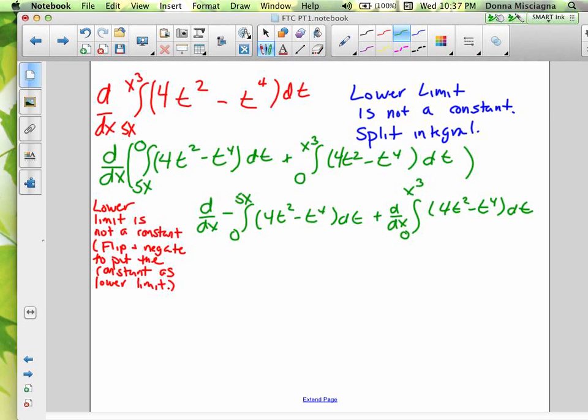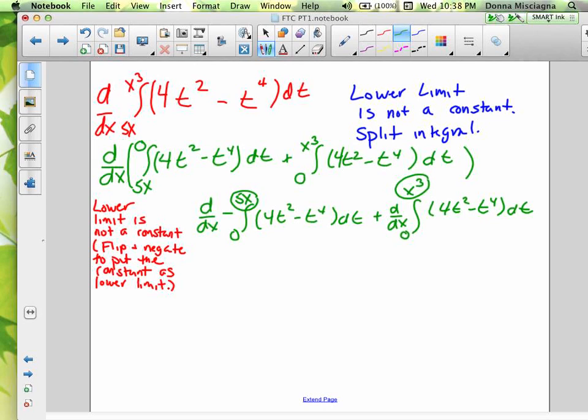So we can substitute, so long as we remember, after we substitute, we're going to have to multiply by the derivative of each of our limits of integration. Because if we integrated, evaluated and taken the derivative, we would be taking the derivative with the 5x and the x cubed.